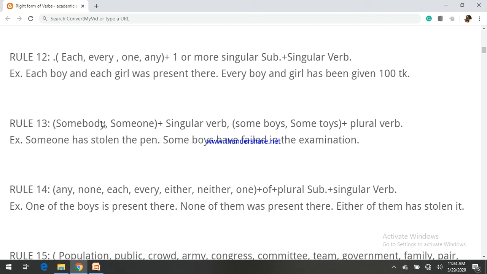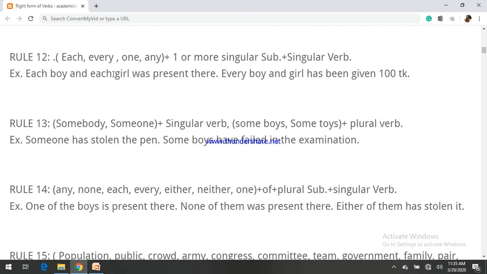Rule 12. Each, every, one or any plus one or more singular subject plus singular verb. That means each boy, singular subject, and each girl, singular. If these words inside the brackets, each, every, one or any, sit as a subject in the sentence, then you have to use a singular verb.